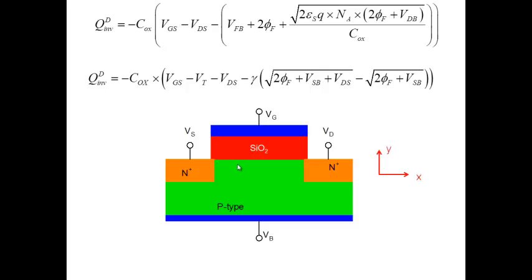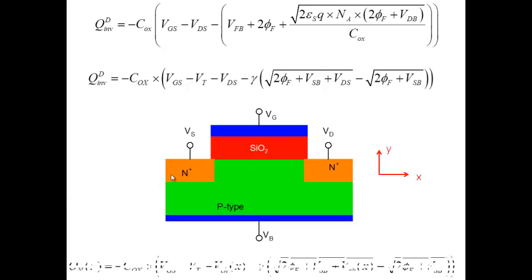In general, as I go along the channel, how will it change? Voltage here is source, voltage here is drain, and as you go along the channel the voltage will vary from Vs to Vd. Therefore, I'm generalizing and writing that the inversion charge at any point X will be equal to minus Cox, VGS minus VT, same. Instead of drain, if I'm looking at any particular point in the channel, we call that voltage the channel voltage at X, minus gamma square root 2 phi F VSB, same everything.